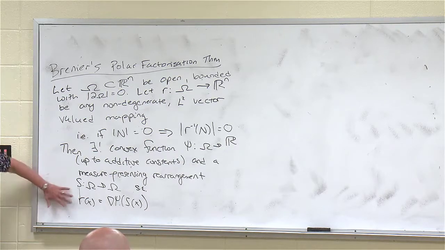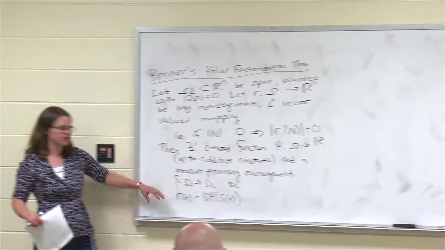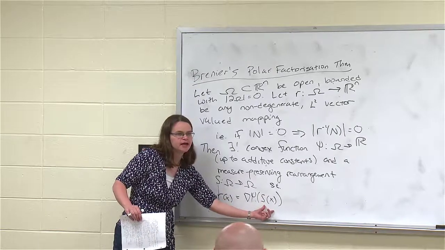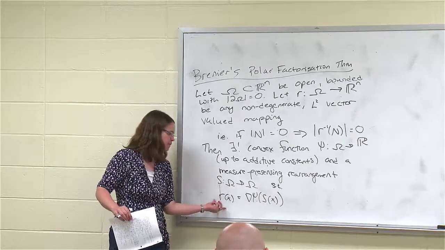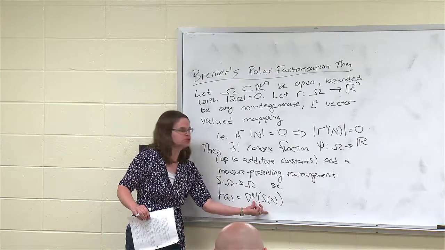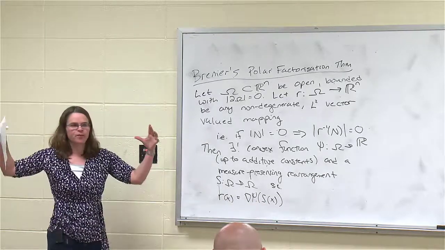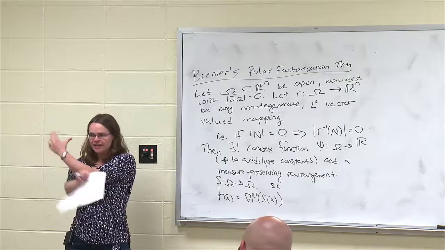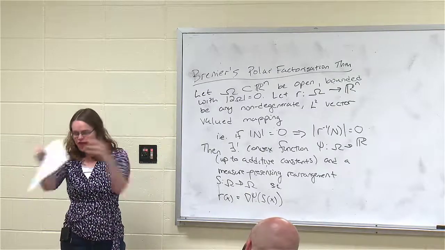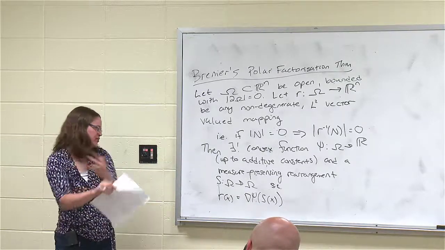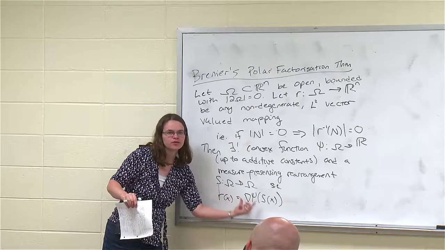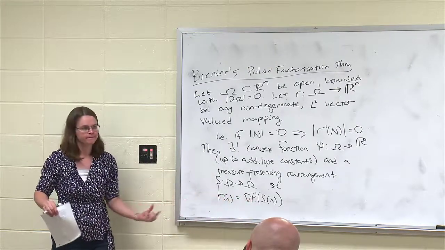Okay, so if R happens to be an optimal transport map, then we could just take S to be the identity map, and we knew that an optimal transport map can be written as the gradient of a convex function. Now, what this is saying is we've got to take omega and sort of rearrange it, relabel it a little bit. But we can find a way to rearrange it and relabel it so that at the end of the day, R is effectively the gradient of a convex function.